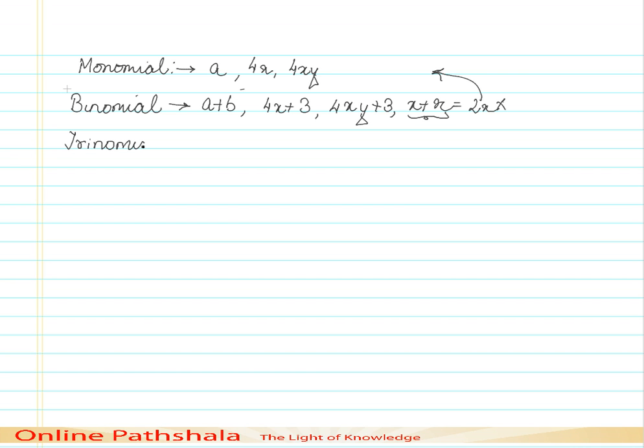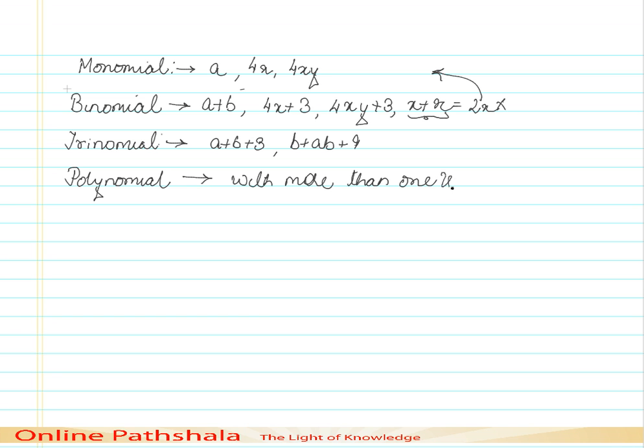What is a trinomial? A trinomial is a group of three unlike terms. Okay, coming to the next definition, what is a polynomial? A polynomial is an expression with more than one term.